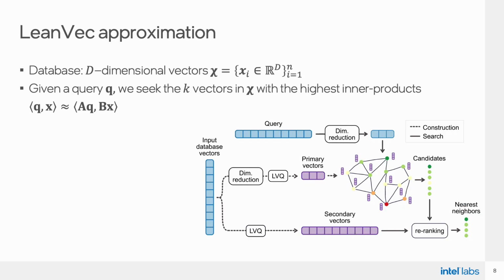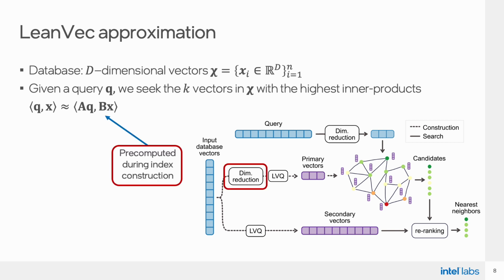LeanVec is particularly designed for maximum inner product search, where we approximate the inner product between a query Q and a database vector X with a linear dimensionality reduction that applies projection matrices A and B to the query and the database vector, such that the outcome of these applications are vectors of lower dimensionalities.